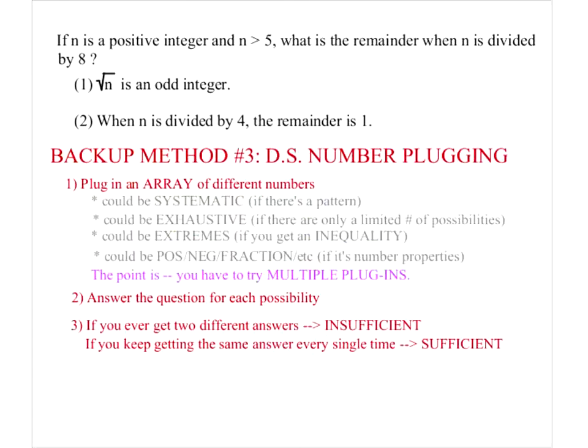So that's how it works. You just pick a list of numbers, answer the question each time, and then see if it's sufficient or insufficient. Now notice the one thing I want to point out, I'm going to have an especially tricky thing for you in a second here. But if you ever get two different answers, then you are done.